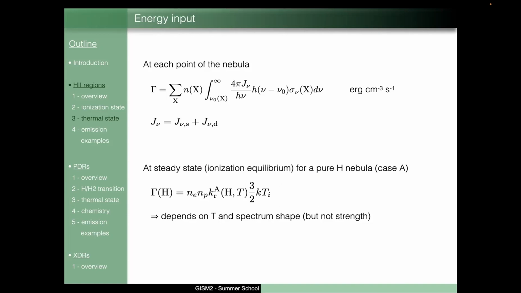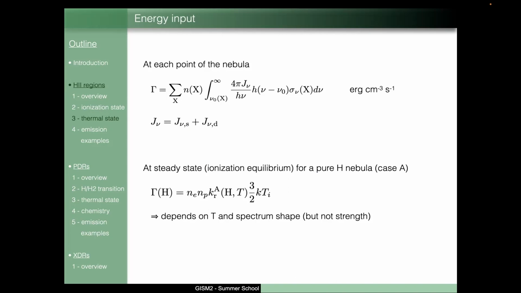With this simple equation, the total photoionization heating rate is just the sum over all the absorbers of the rate of absorption of photons. Each time we absorb a photon, this photon leads to the production of a photoelectron with an energy h nu, where nu is the frequency of the photon, minus the energy of ionization of the species.